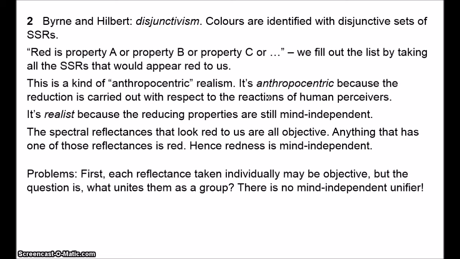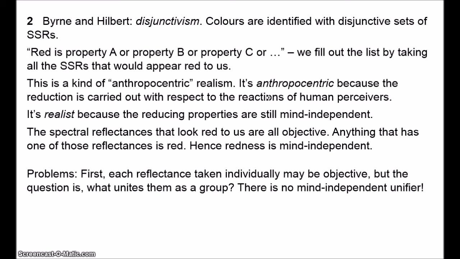But the only thing that unites them as a group is the effect they have on human perceivers. There is no mind-independent unifier. Metamerism means that the reduction, in scare quotes, of colour to physical properties can only be carried out by reference to the idiosyncratic mechanisms of human perception.